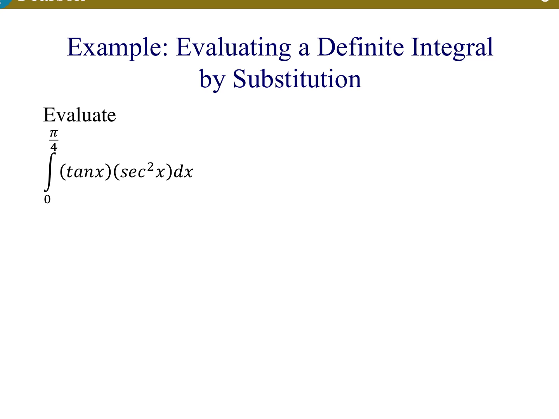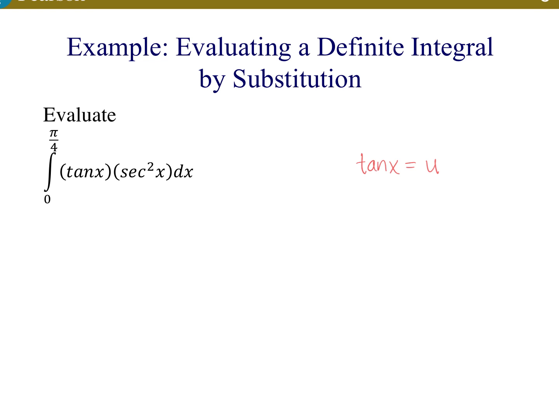Just because secant squared has the higher power, don't pick it. Think about it: if I choose secant squared as my u, I have to do the derivative of that, which is not going to be very clean with a tan. So we want to choose tan, because the derivative of tan is secant squared. So we'll pick tan x as our u.